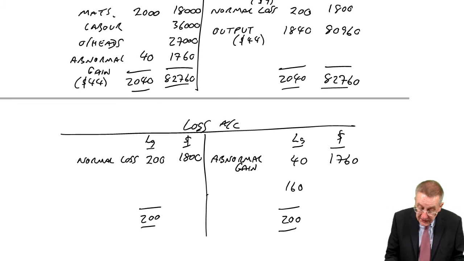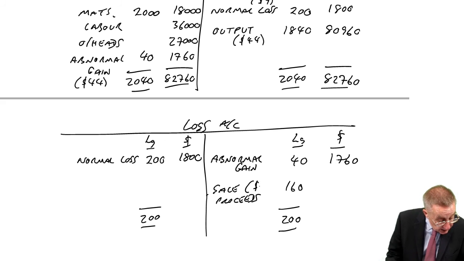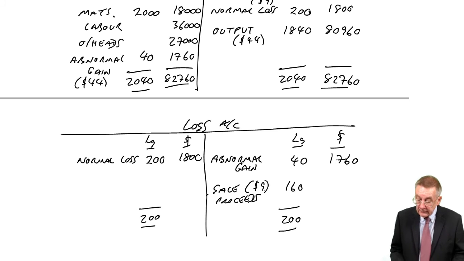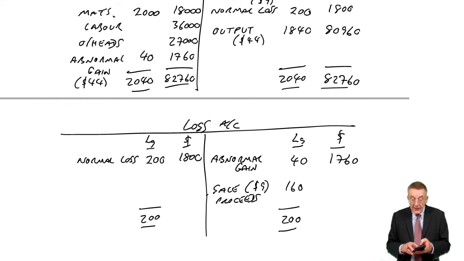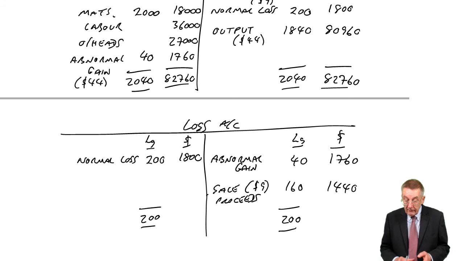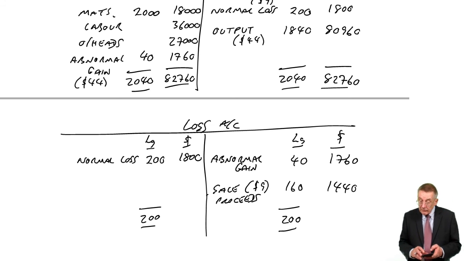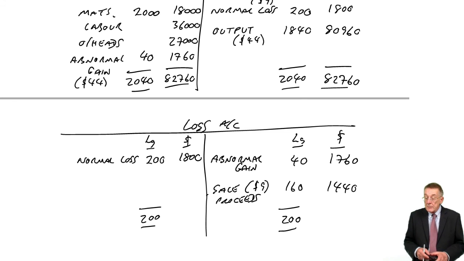And so what are the proceeds from the sale? Well, at $9 a kilo, the cash we'll get, 160 units at $9 is $1,440.